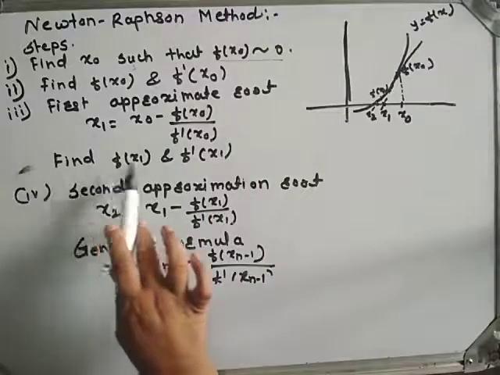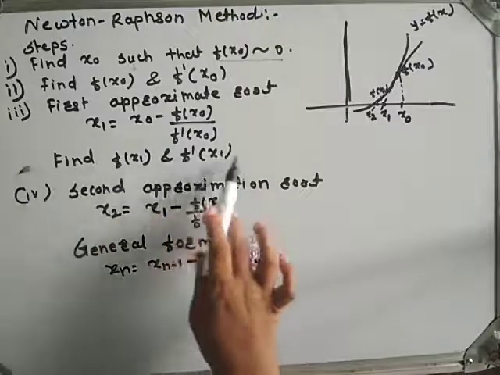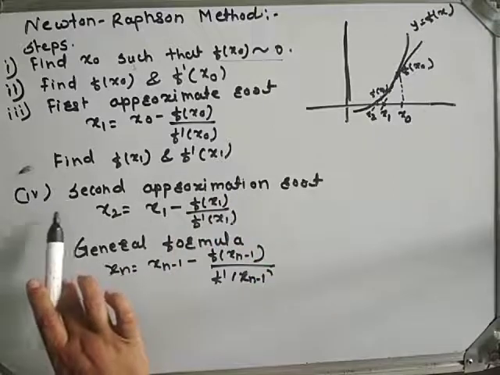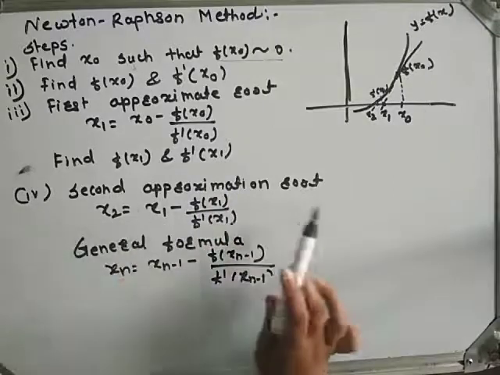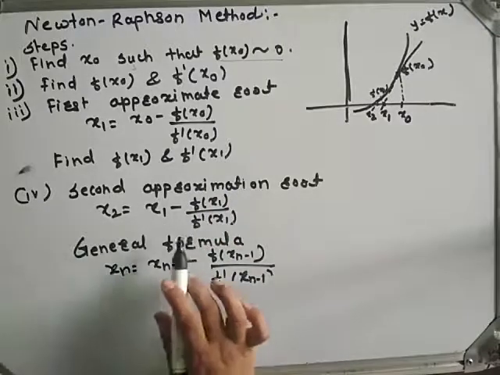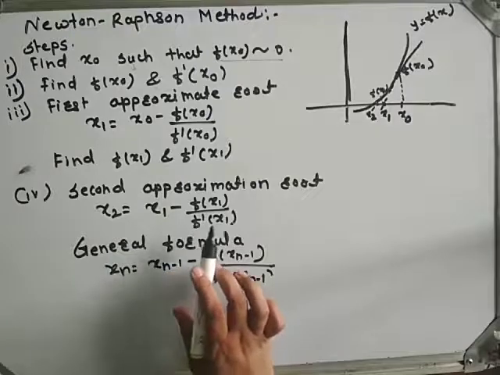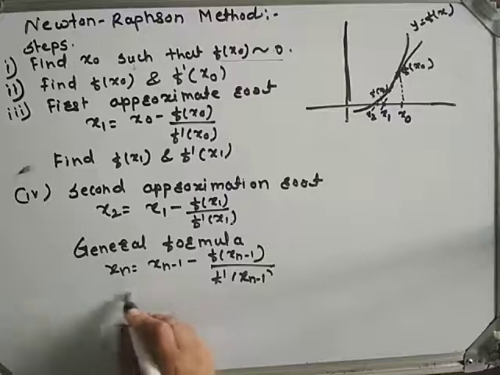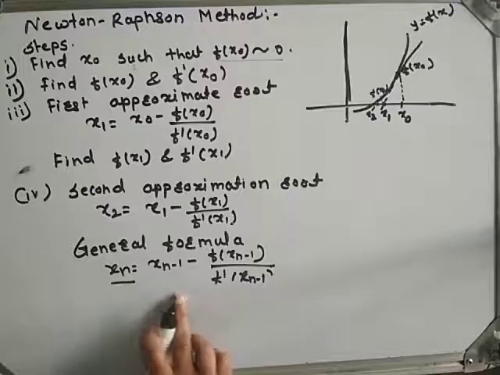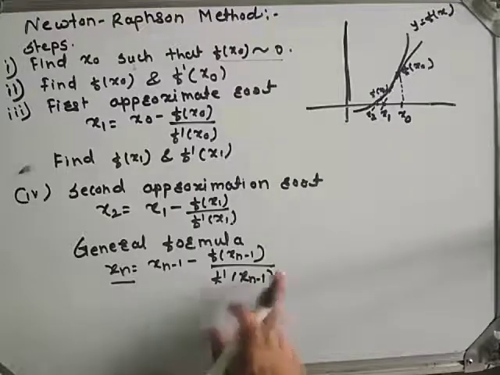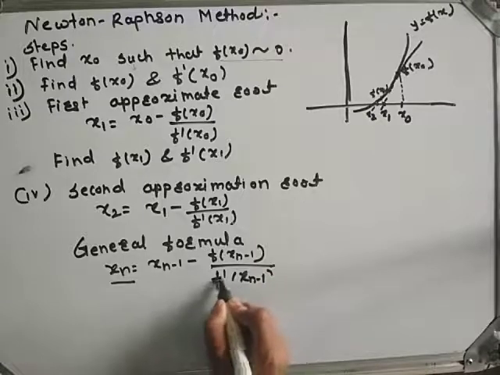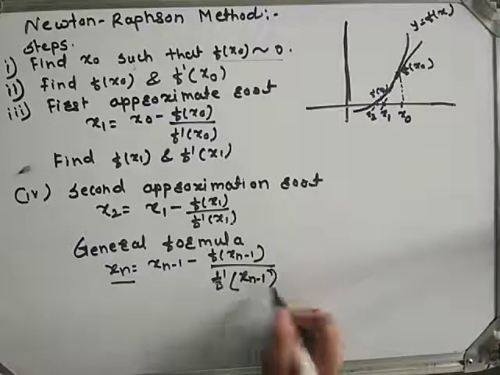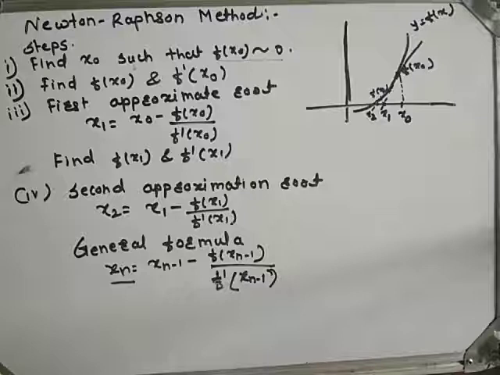Next we have to find f(x1) and f'(x1). And the fourth step, the second approximation root, is x2 = x1 - f(x1)/f'(x1). And the general formula is xn = xn-1 - f(xn-1)/f'(xn-1). Now we will see examples on this method.